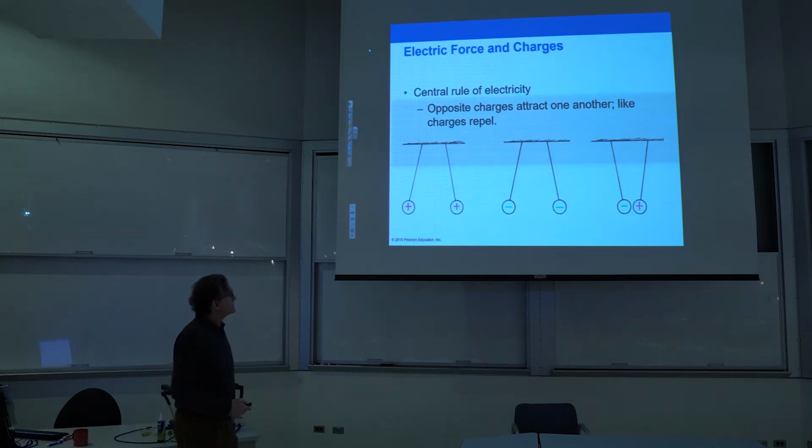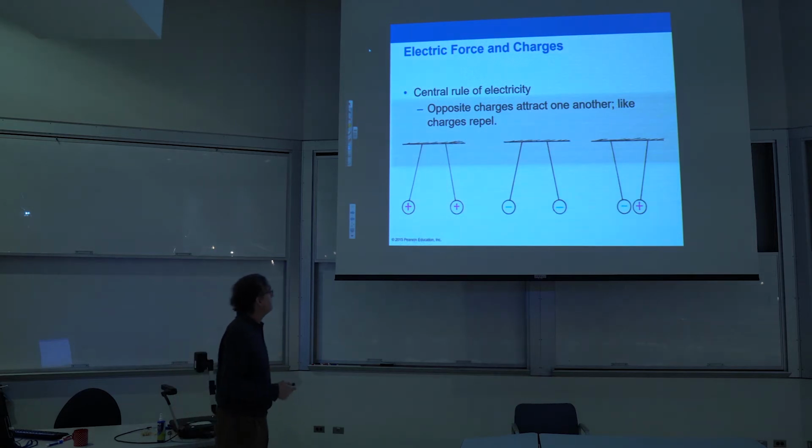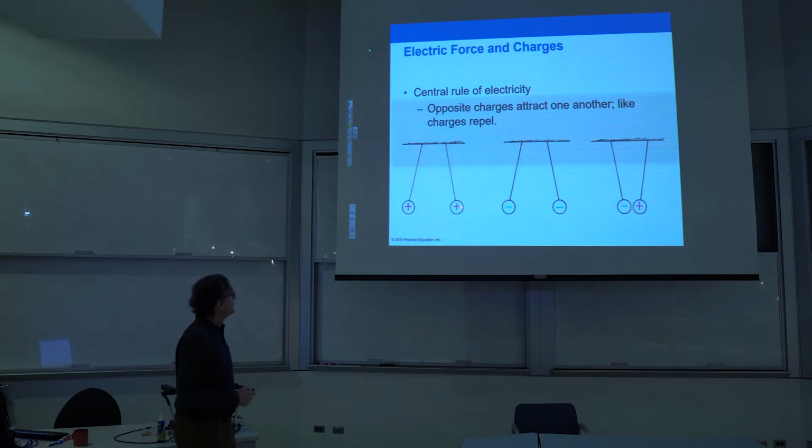If we do this and we put these charges on very small balls hanging from the ceiling, what one finds is that if the two charges on the two different balls have the same sign, then they repel each other. So a positive and a positive will push away from each other. Normally, if there's no force at all, the balls will hang straight down under the force of gravity.